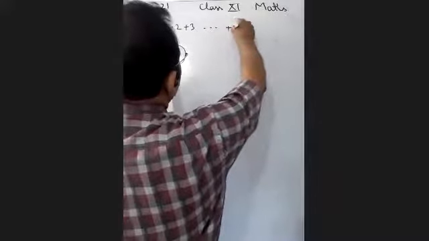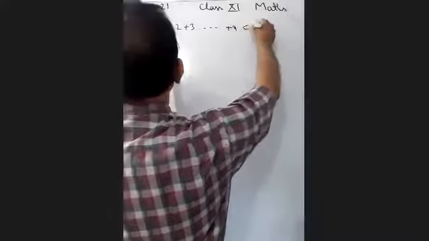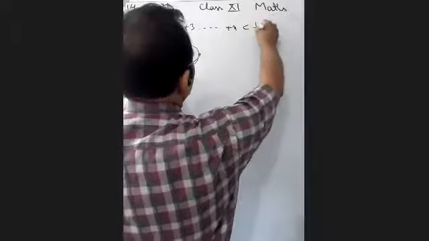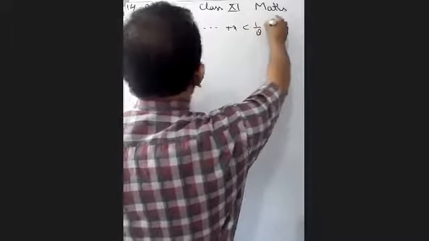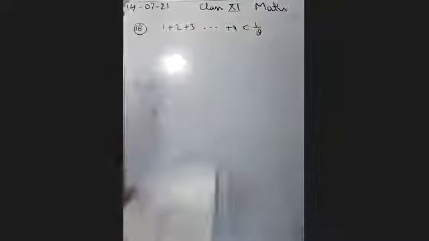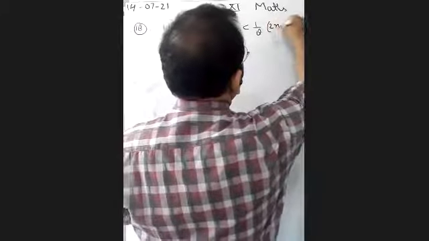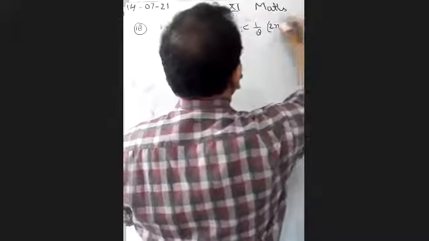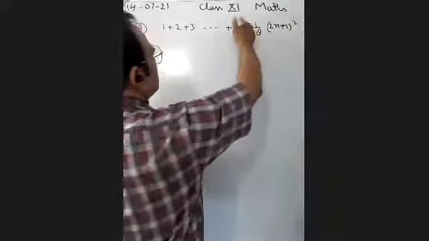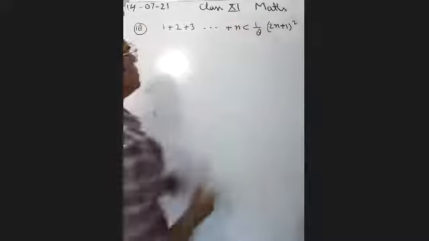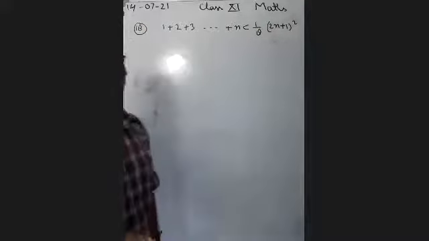Question 18 is 1 plus 2 plus 3 plus up to n is less than 1 upon 8 into 2n plus 1 whole square. This we have to prove.